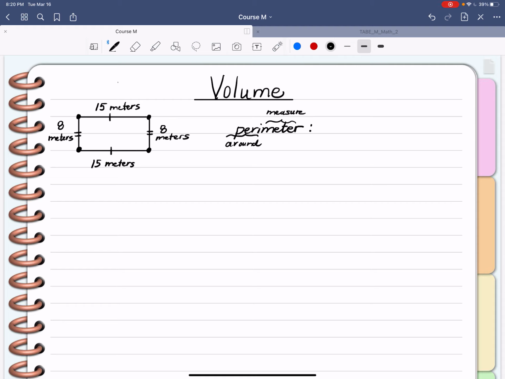So the perimeter of this shape is 15 plus 15 plus 8 plus 8, and that's going to be 46 meters. Perimeter is found with addition.